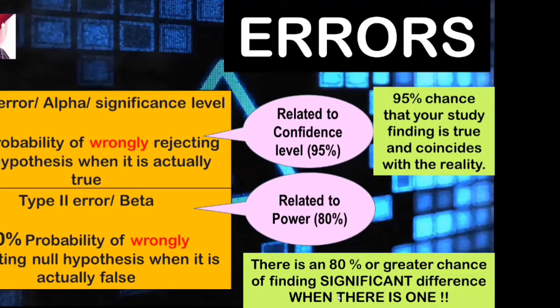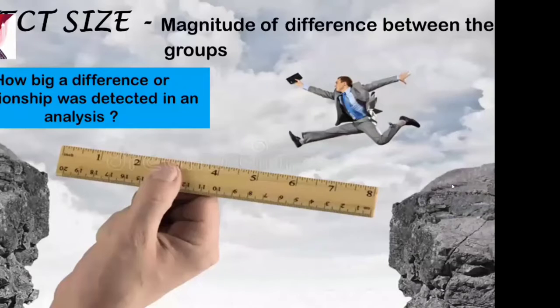So what it indirectly indicates is we need an adequate sample size to prove the real difference. The next is effect size. What is an effect size? Effect size means the magnitude of difference between the two groups.